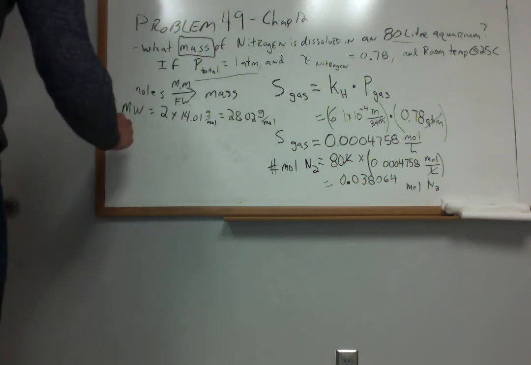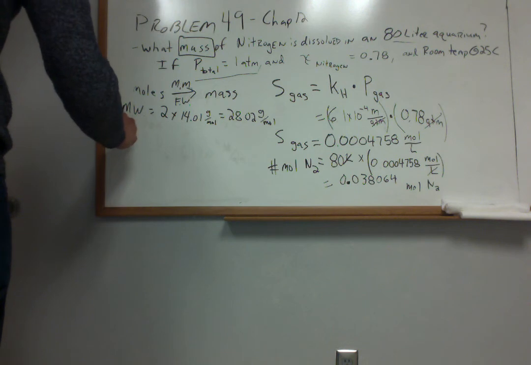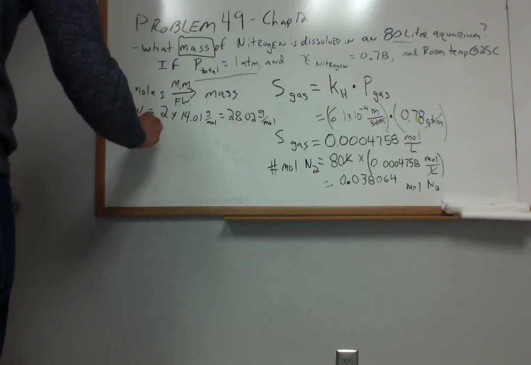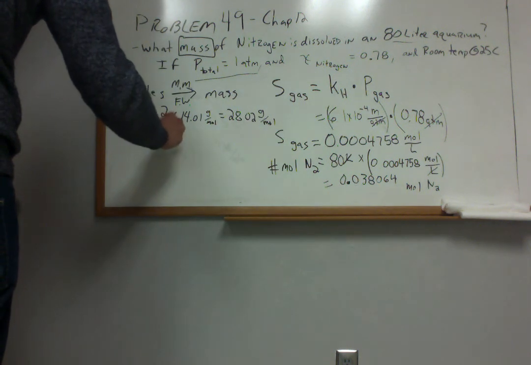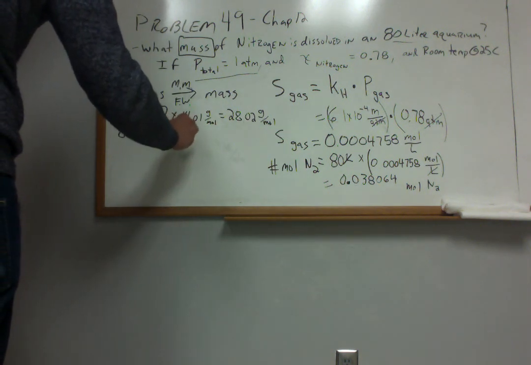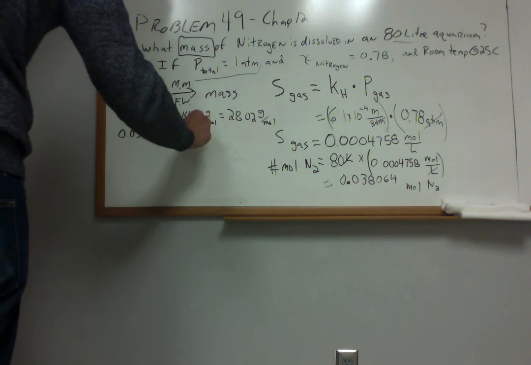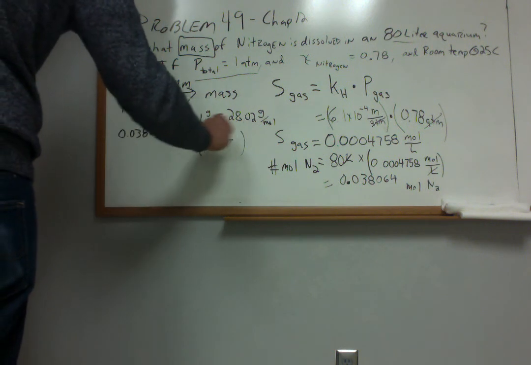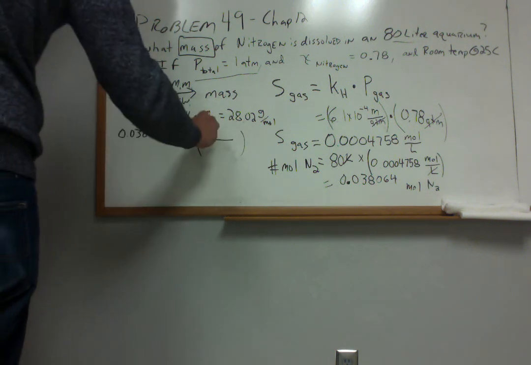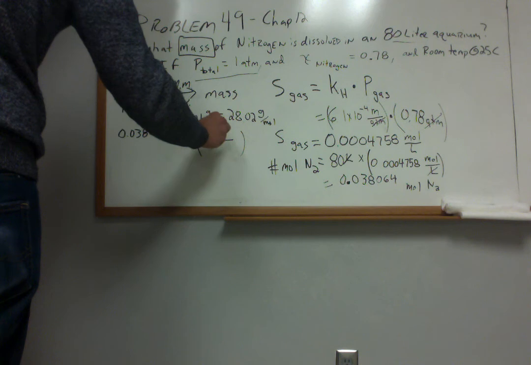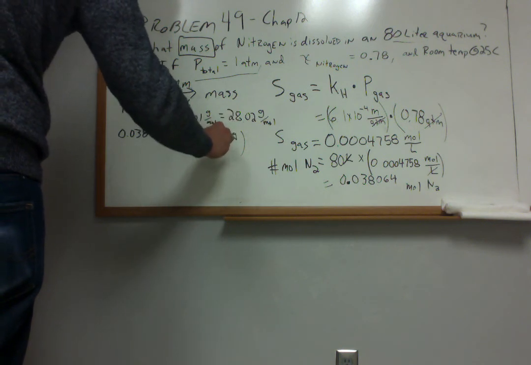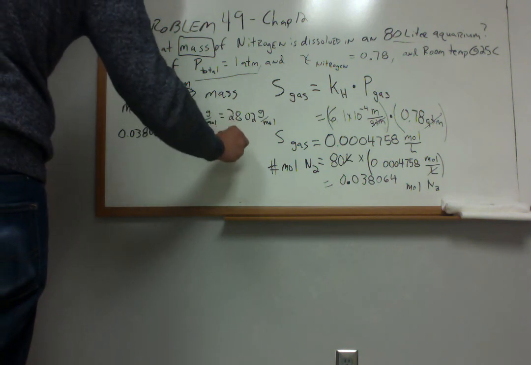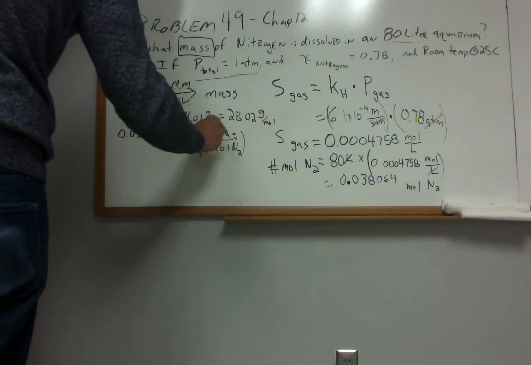So all I need to do to figure out how many grams I've got is I take the number of moles that I found in the previous step, and I multiply by my conversion factor, which states there's 28.02 grams for every 1 mole of nitrogen.